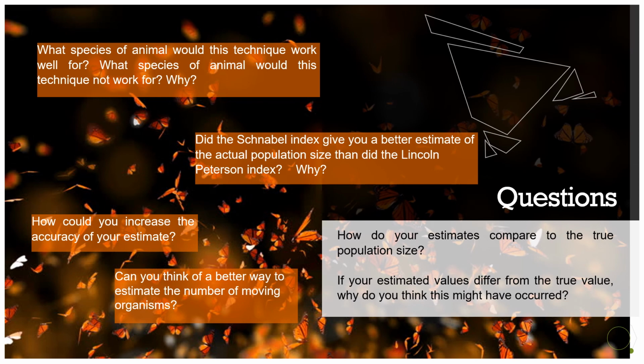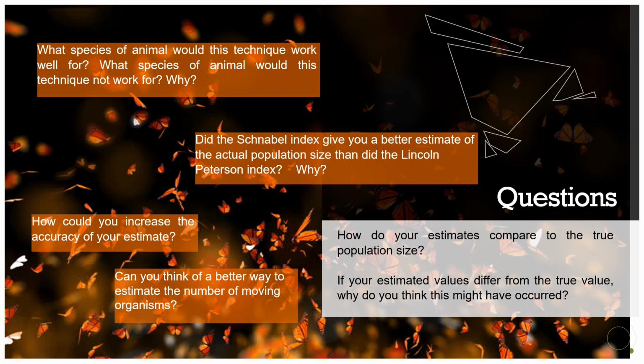Doing a lab like this, you should be able to compare your estimates to the true population size because you know how many toothpicks you started with. And if the values differ, think about why this occurred. You should be able to come up with reasons for that. And then other questions that you should be able to answer. We do a lab exam at the end of the semester. You should be able to answer any of these questions about the mark recapture technique.